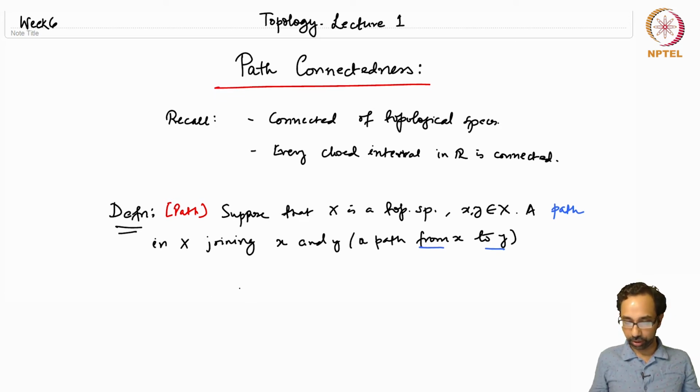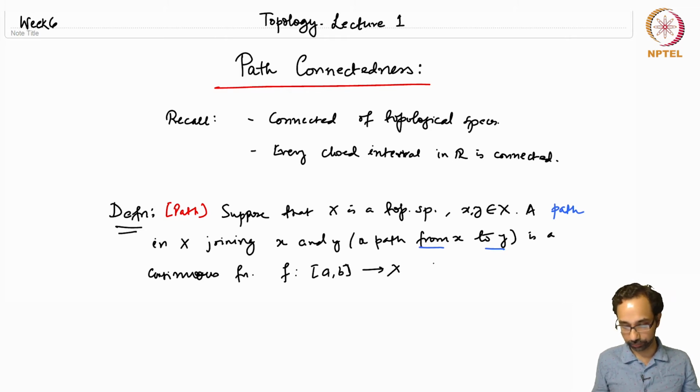So what is a path in X joining X and Y, or a path from X to Y? It is a continuous function f from some closed interval AB of the real line to X.